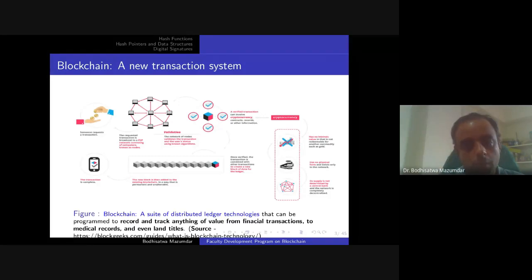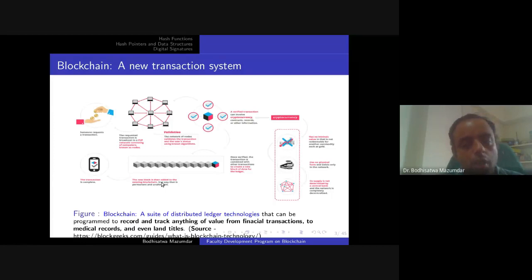Until all the nodes validate a certain transaction, that transaction will not be added onto the database. Only when all the nodes validate a certain transaction will it be added to this blockchain system. This chaining of blocks or transactions is done by a cryptographic primitive.